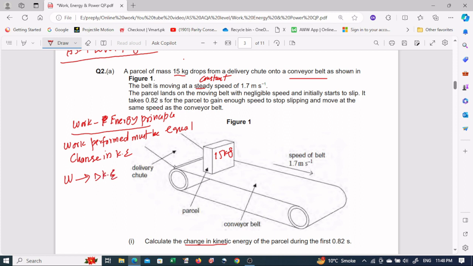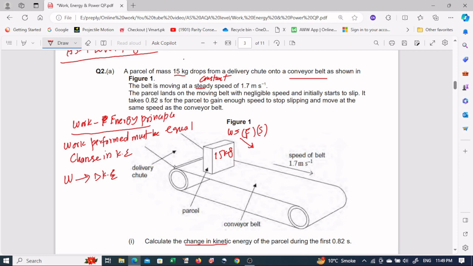What does it mean? It means when we perform work on this parcel, what do we mean by work? When we apply force and the body covers some distance. So there is some force that is moving this parcel, and the distance is covered. So force times distance is the work done. The energy of this parcel changes from here to here.